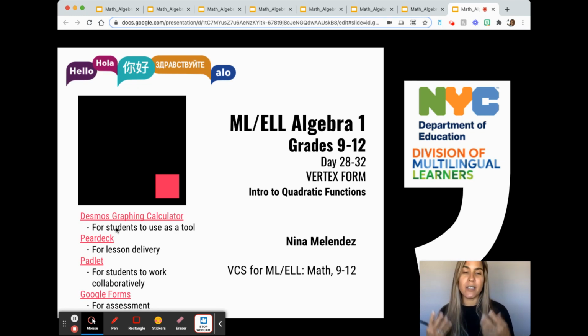But remember, Pear Deck is good for lesson delivery, whether the students are in person or remote or blended. Padlet is a really good way for the summarized portion of your lesson and for students to work collaboratively. And Google Forms is just a good way to do an assessment to make sure that the students have understood what was taught during the week.